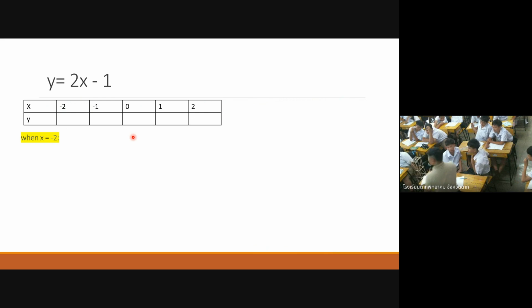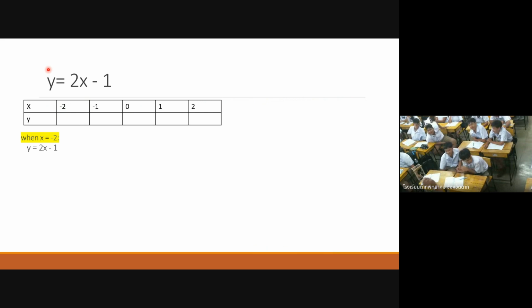What's the value of y when x is negative 2? Negative 5. Okay. Again, we're dealing with this equation. You're going to substitute x is negative 2 for our variable x, of course.